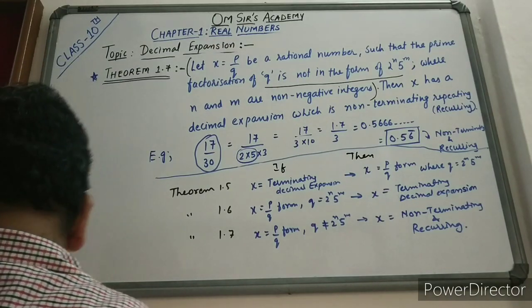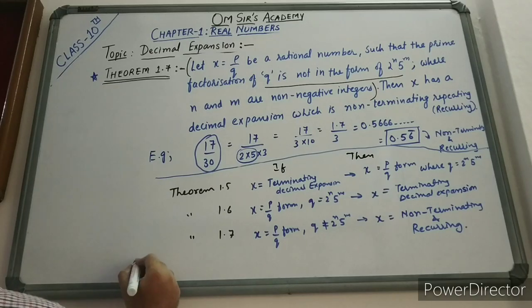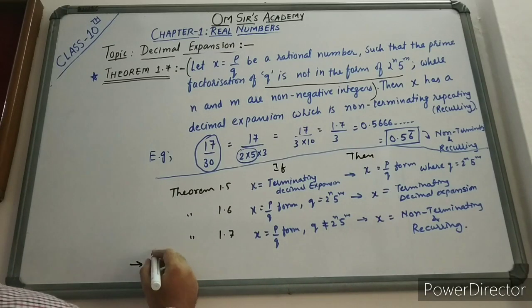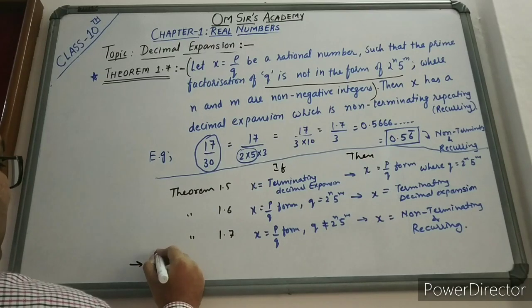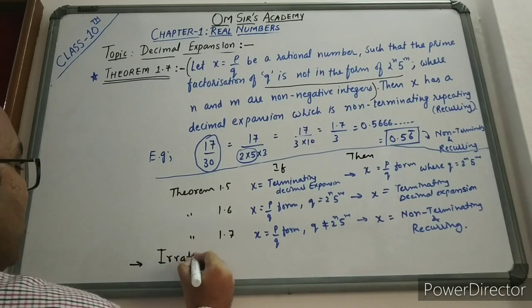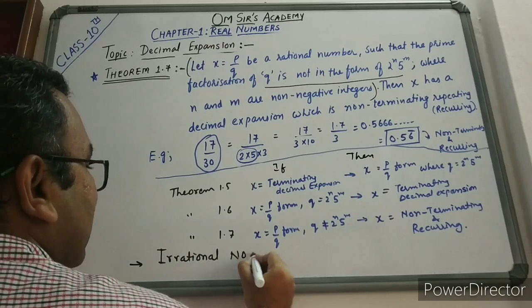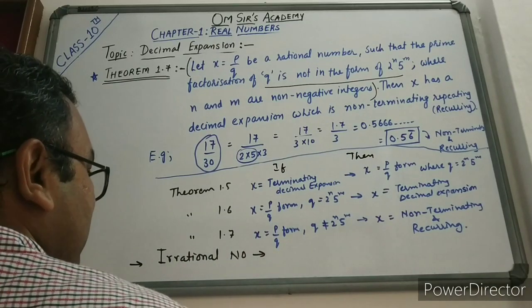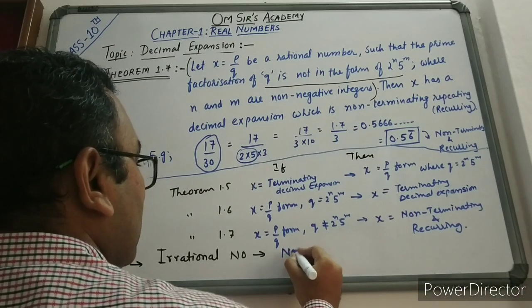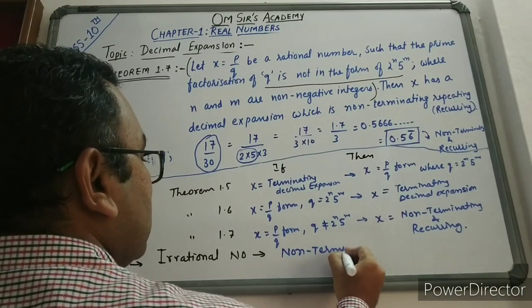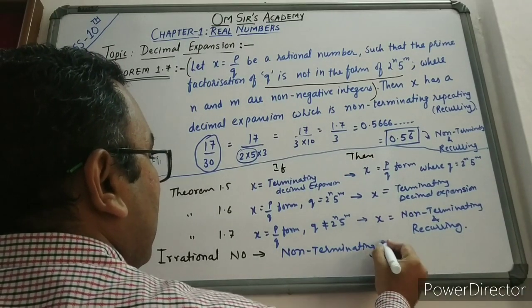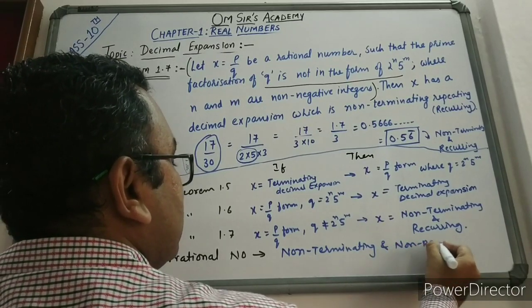So with this, one more last point I would like to add is that the decimal expansion of any irrational number is non-terminating and non-repeating. Okay, any irrational number, this we have already learned in the first session. What will the decimal expansion of an irrational number be? It will have a non-terminating and non-recurring decimal expansion.